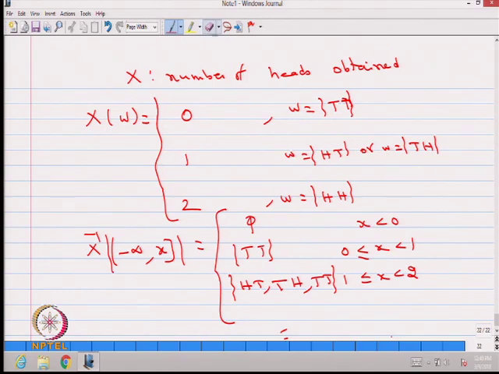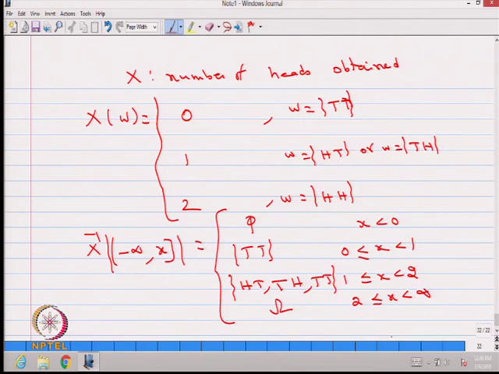When x lies between 2 to infinity, all possible outcomes will be included. Therefore, this is going to be the omega.